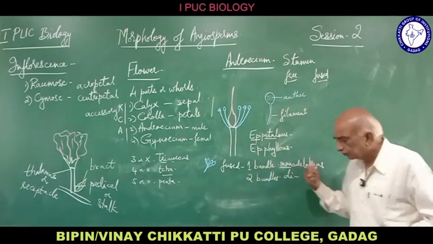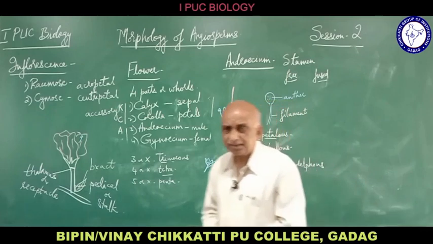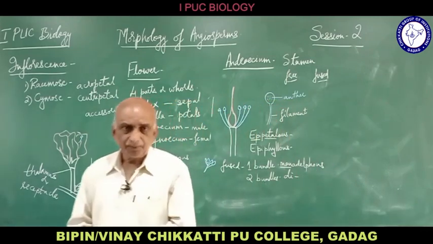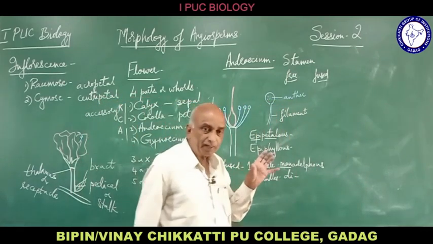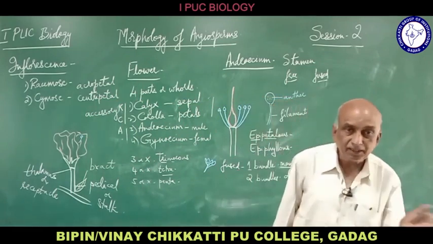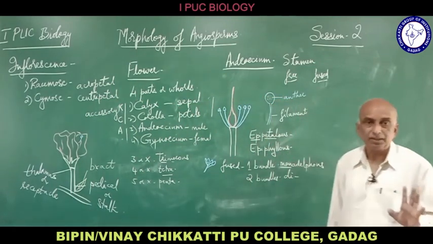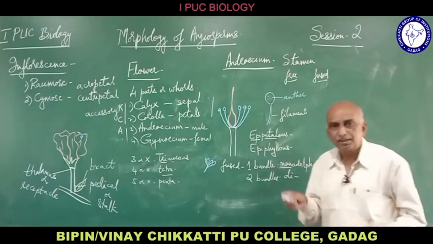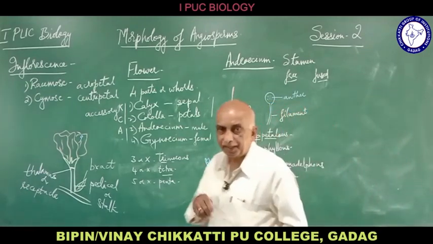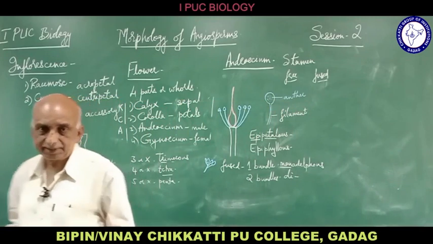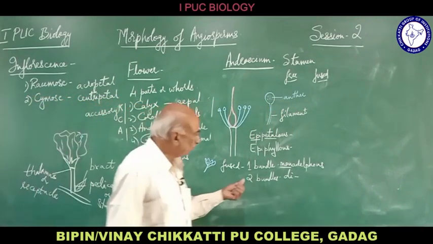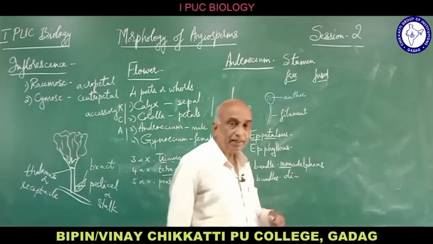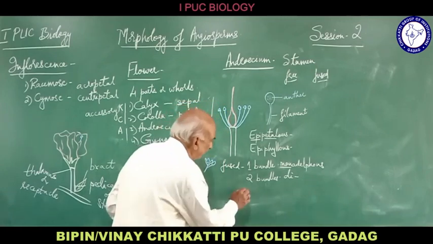Like that, out of the 10 stamens in some other species, we may see 5 united to form one bundle, and the other 5 unite to form another bundle. So it may be 5 plus 5, or 9 plus 1, or whatever it is. However, there are 2 bundles, it is called diadelphous arrangement.